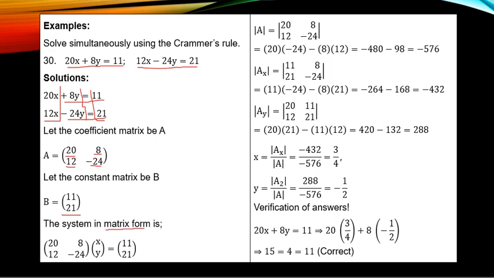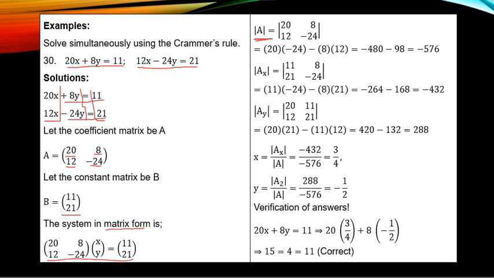So in matrix form, you have the coefficient matrix multiplied by the variables equal to the constant matrix. So this is the system in matrix form. Are you following?